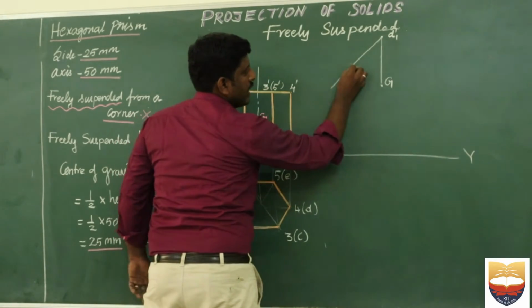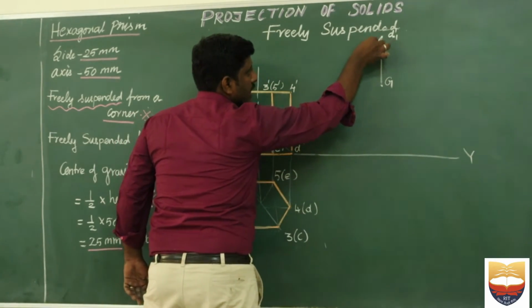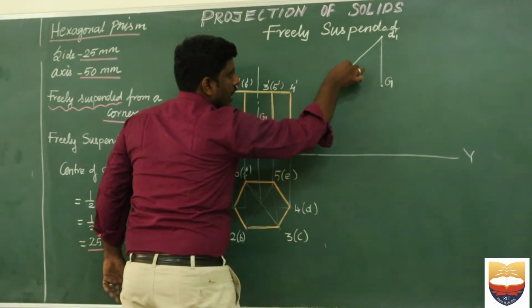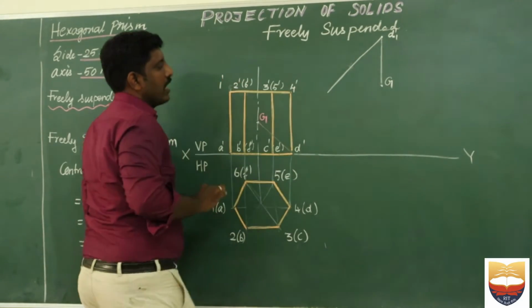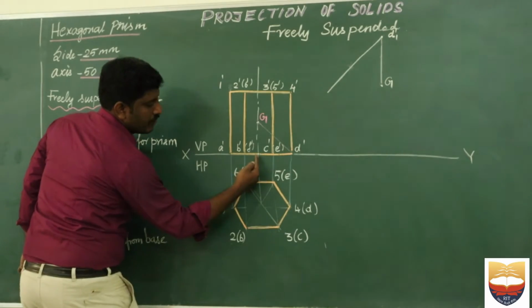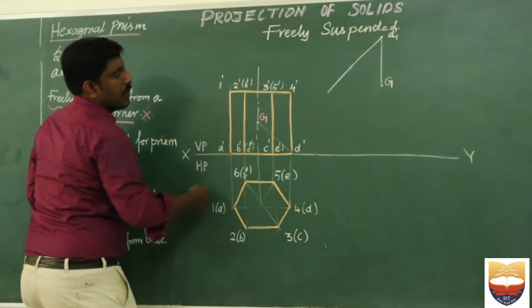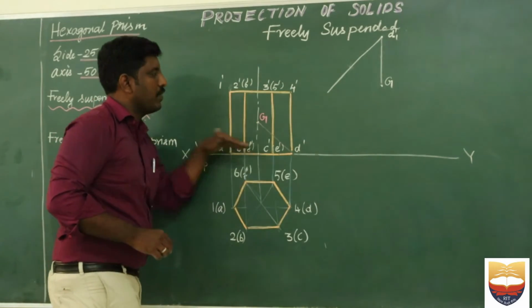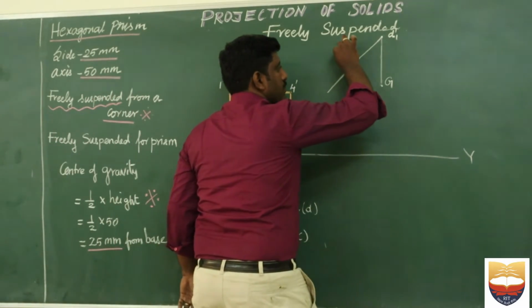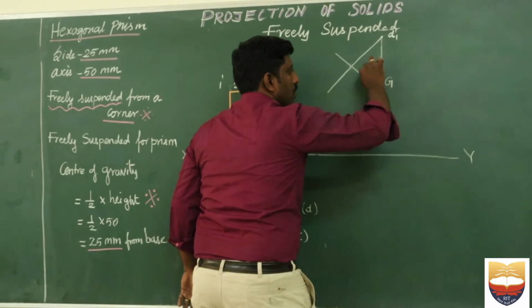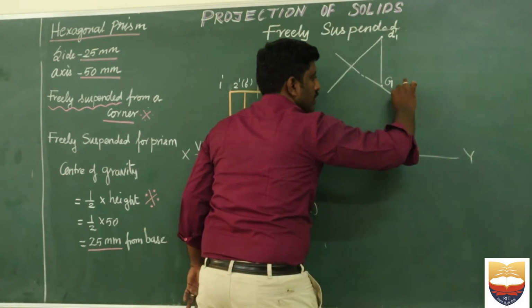So this is my exact point. From D, I draw a line and extend it. From this point, G is connected and I have a line perpendicular to my reference line. I am doing the same here and drawing a line.